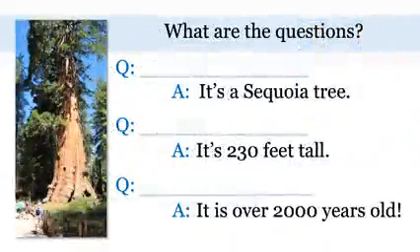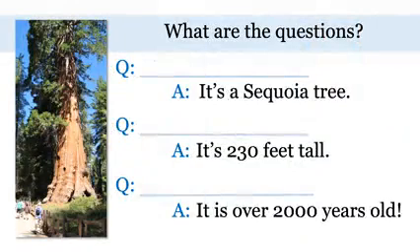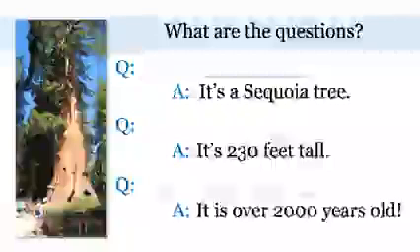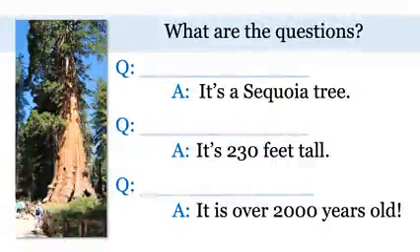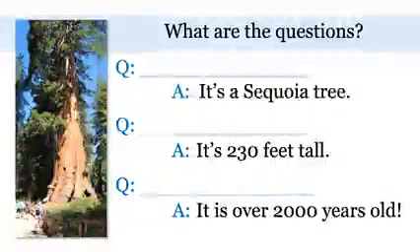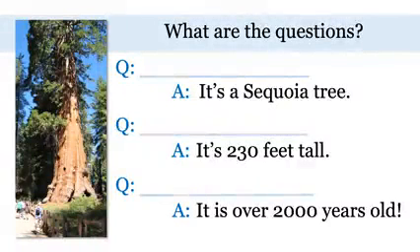What are the questions? The answers are, it's a sequoia tree, it's 230 feet tall, it's over 2,000 years old. Remember, start with a question word, and also remember you can use the question word how and an adjective to ask a question.